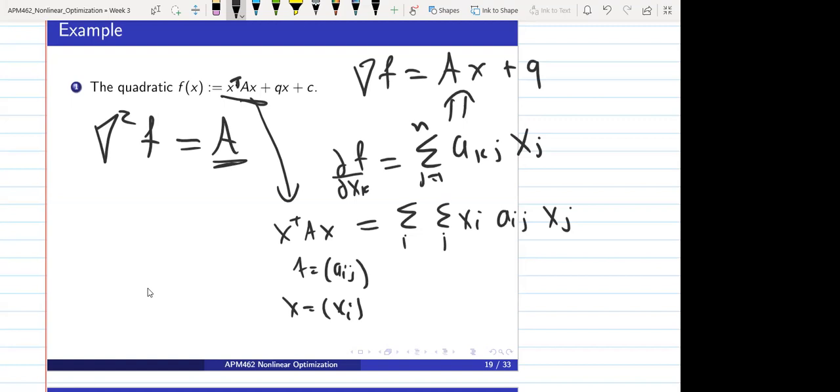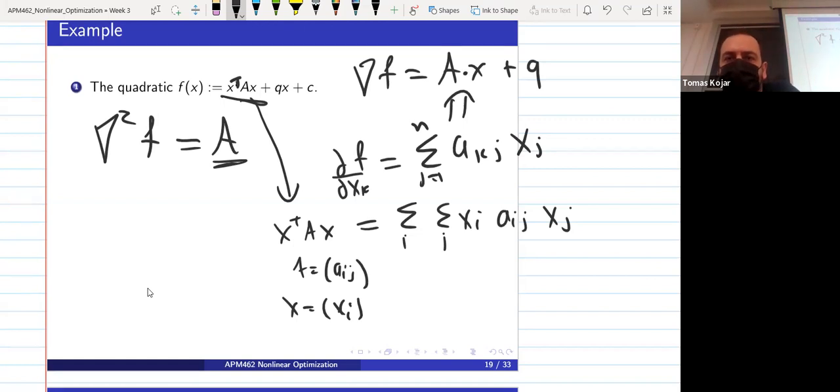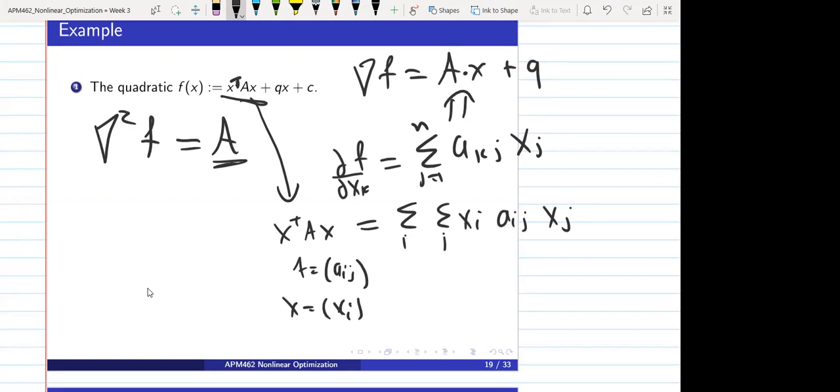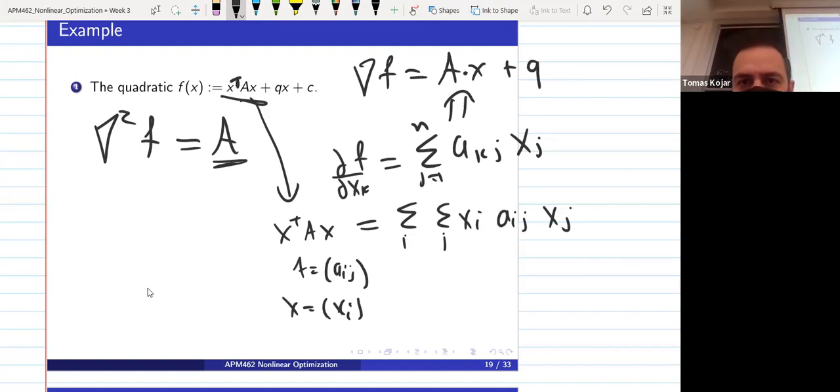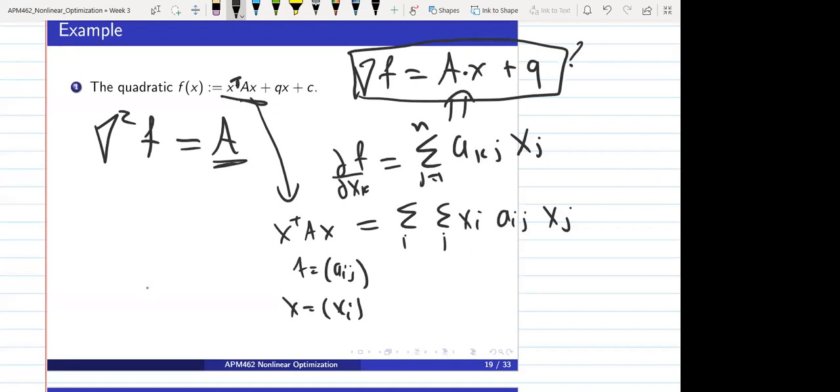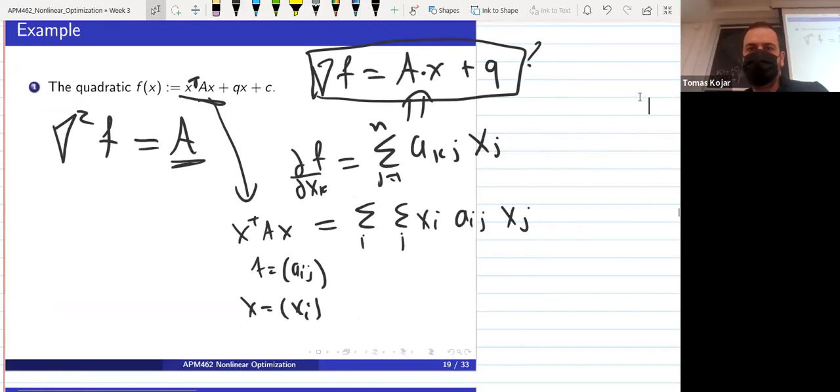I don't know why the derivative is Ax. Yeah, it would be a vector, right? Sorry, what's the question? You're asking why this is the answer? Yeah, I'm asking the first part, the Ax part. Yeah, let's do that.